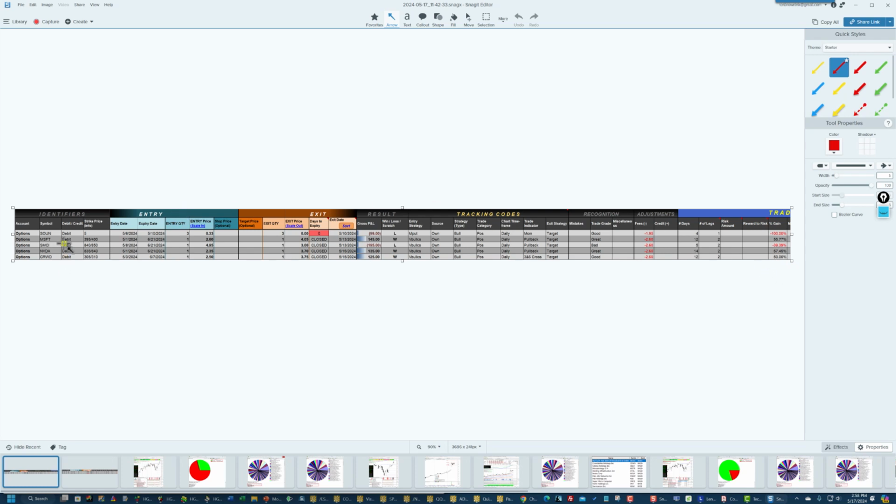I don't really call this a loser because I was protecting my SOUN position. It was insurance. This is really the only loser, and if I hadn't chased that stock when it was on a big up day, that wouldn't have happened.